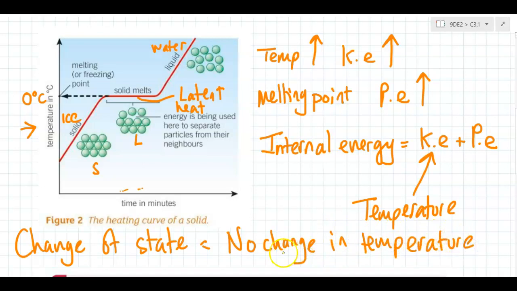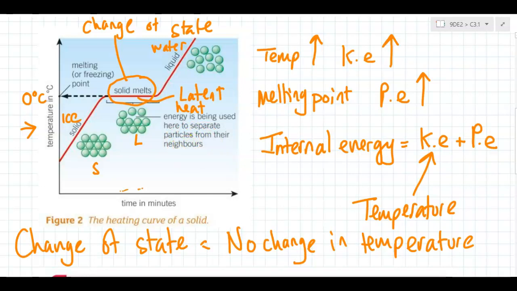Okay, that is quite a weird idea to get your head round. Right, that's what this flat part of the graph here shows. That is the melting bit. That is the change of state. Okay, and it takes a certain amount of energy to make something melt or to boil. Yeah, and that energy is about rearranging the particles into their state of matter.